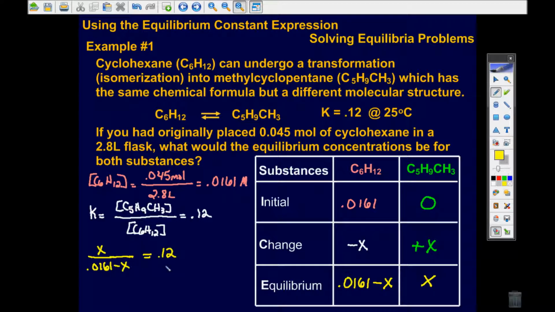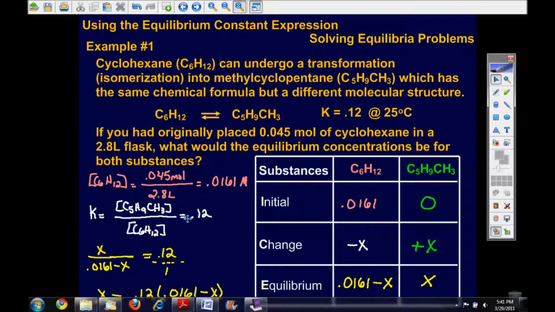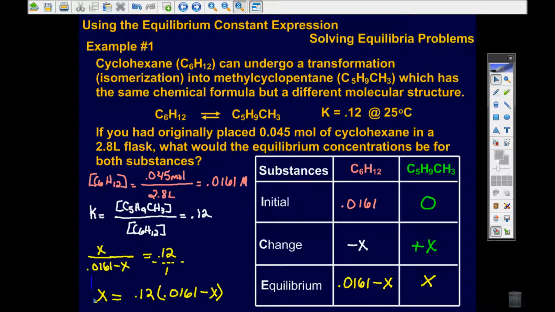Now I'm going to put this value over 1 and I'm going to cross multiply so that I get X is equal to 0.12 times 0.0161 minus X. All right, and from that I can solve for X algebraically, and I'm going to copy this and paste it onto my next slide so I can do that.